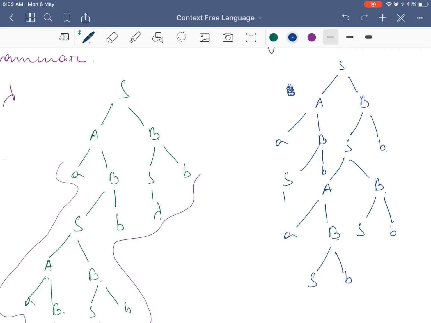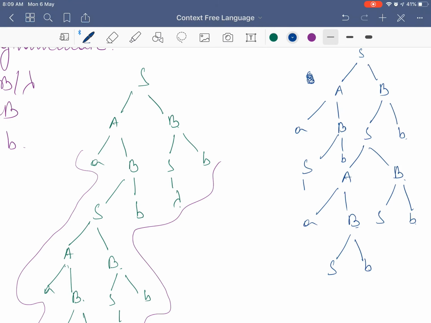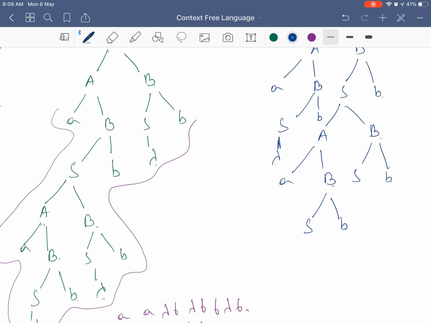Then this S will be lambda, this S will be lambda, and this S will be again lambda, then S and small b.